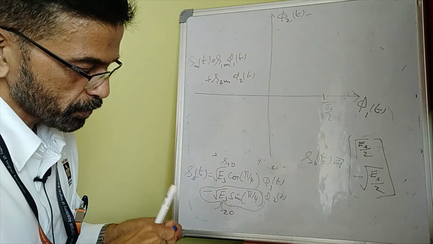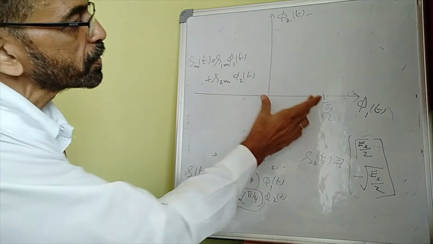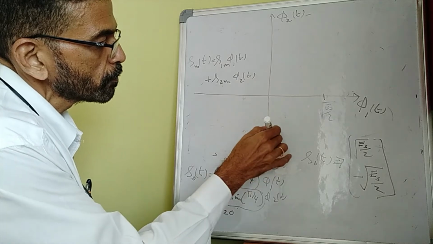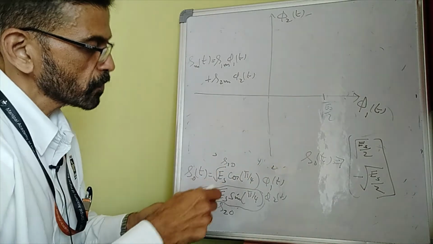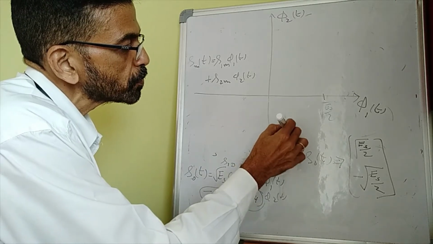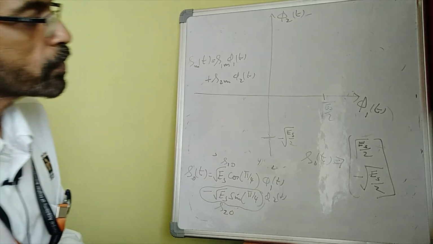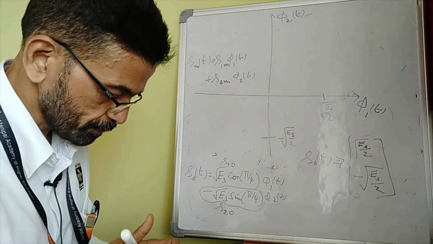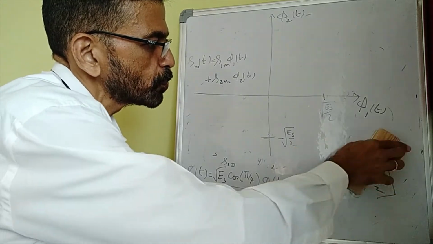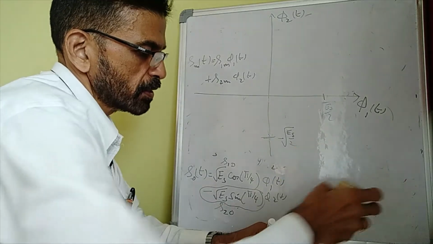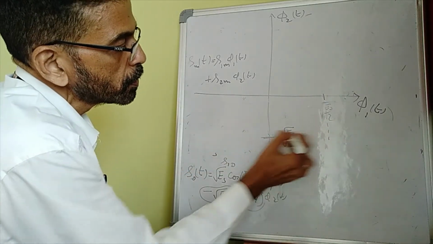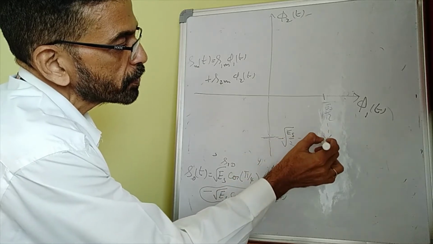More or less, if I try to stick to the scale that I have adopted here, it will be somewhere here. Hence the signal S0(t) will correspond to this point in the signal space.